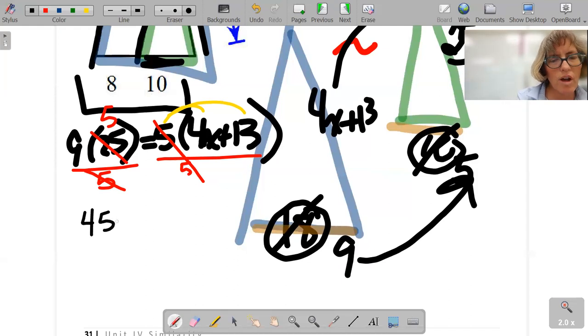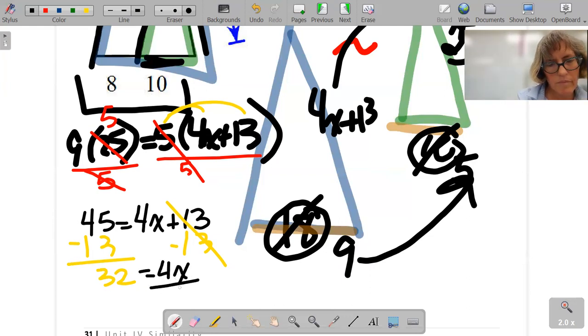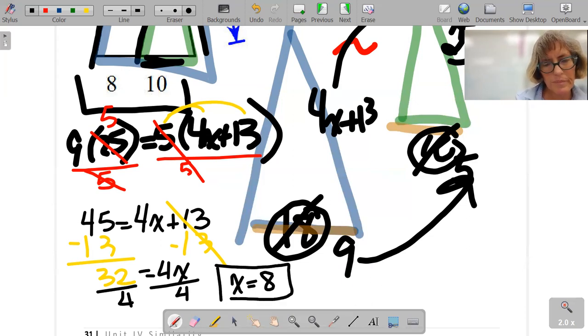That's going to be 45 on the left, 4x plus 13 on the right. X equals 8. Match and mirror.